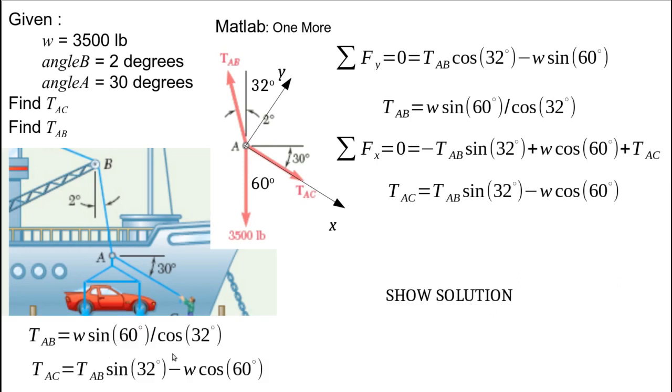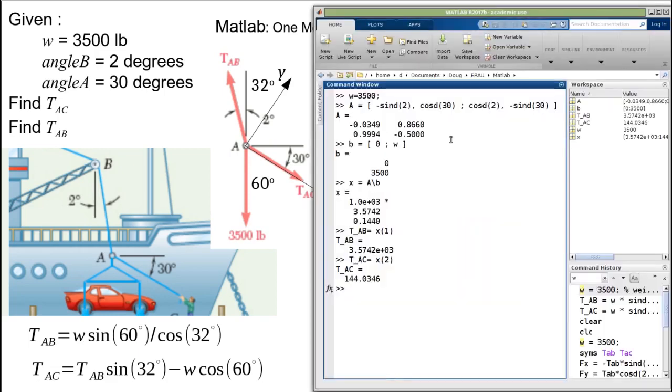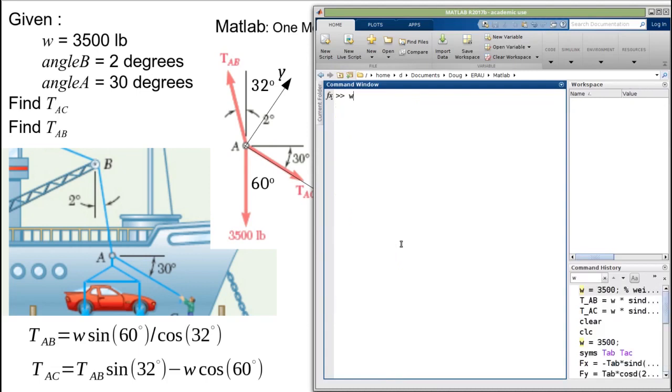I'll put those over here and bring up Matlab again. Clear everything out. Clear the console. W equals 3500.